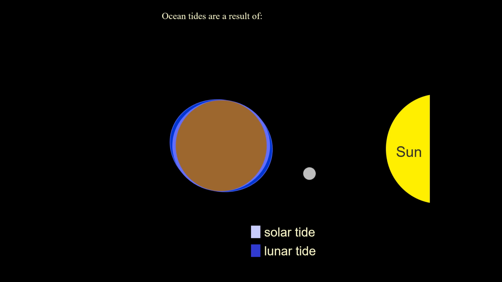Over here you can see the solar tide, but when the moon is moving, the swell of ocean water moves towards it, and that is making the tide. So ocean tides are the result of solar tide and lunar gravitational force. You need to know that.